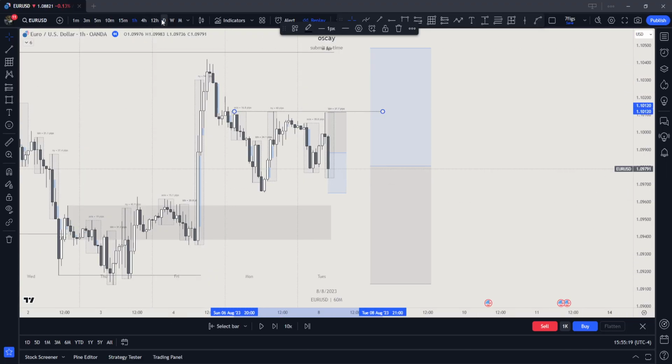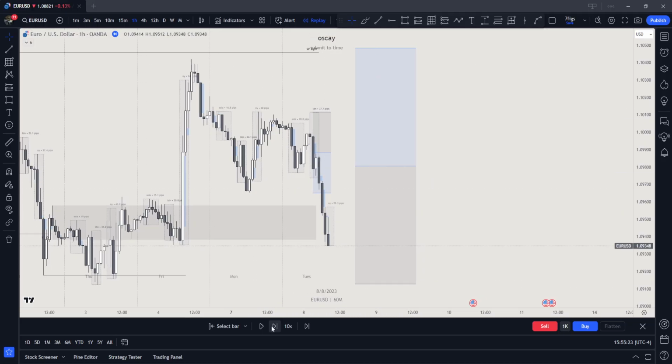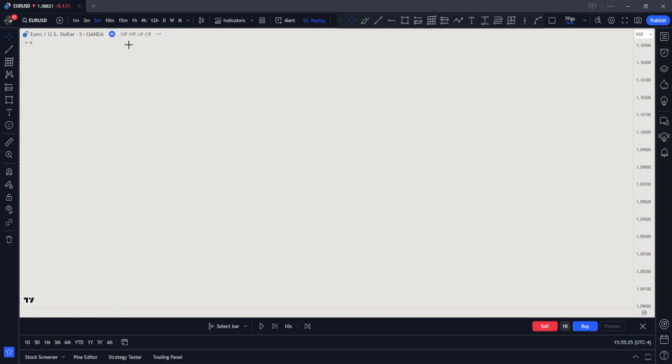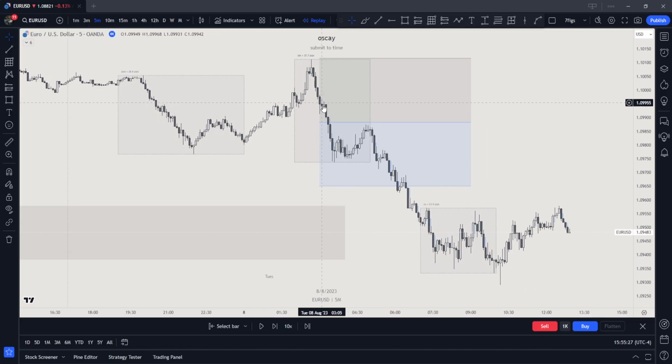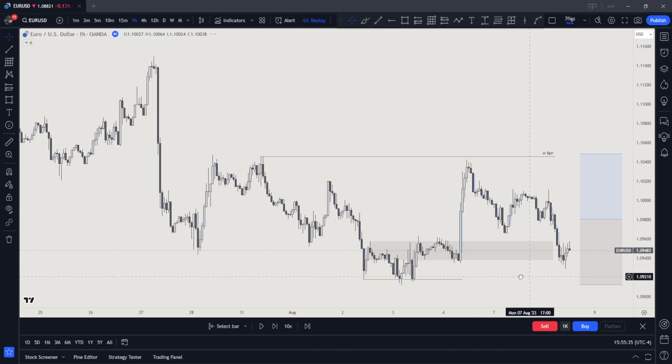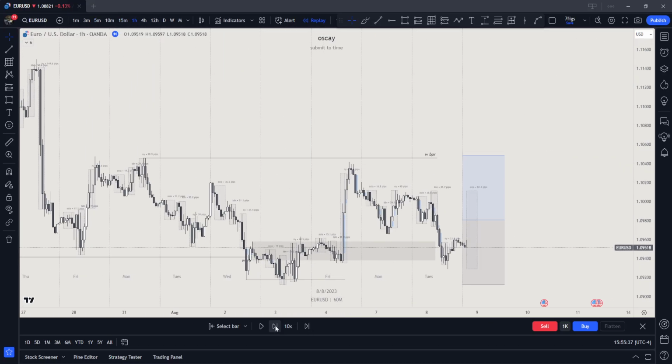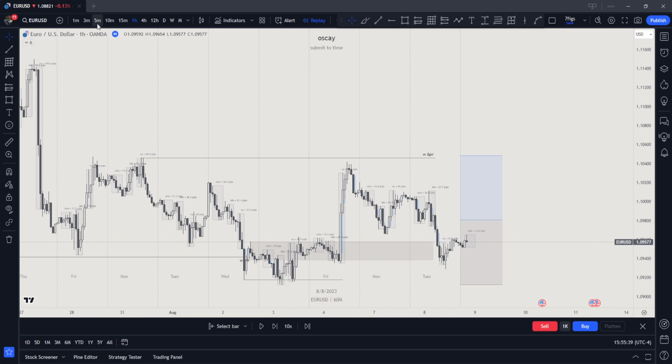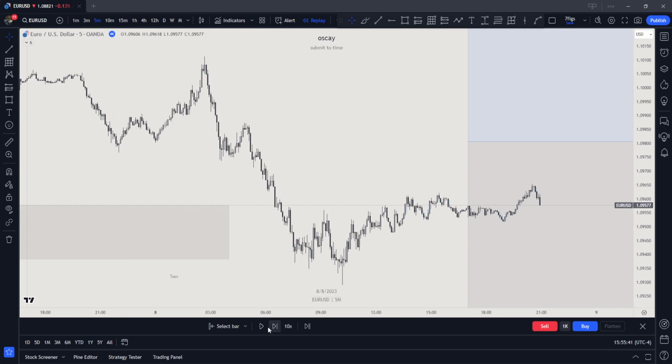Because we didn't even sweep Monday's highs and I'm looking to short. I'm just going to wait and see what price has to offer us. Well, I guess it offered the cleanest unicorn ever. Now we're in discounted prices and you can look for longs.